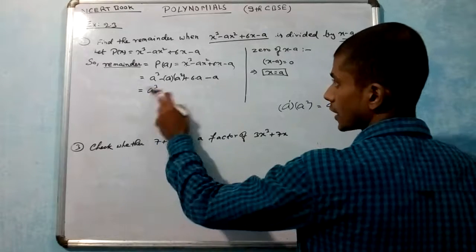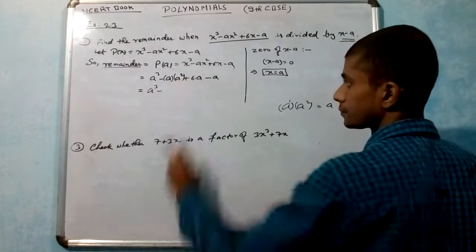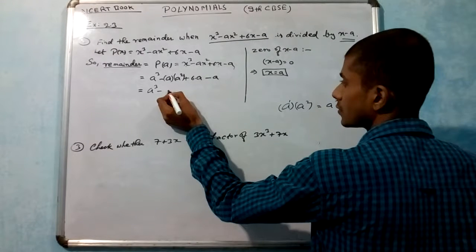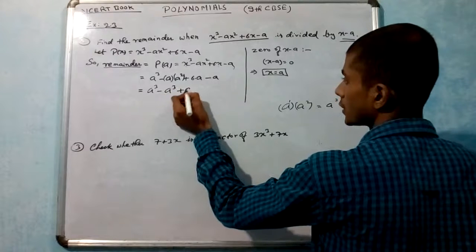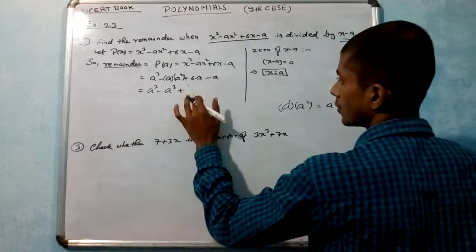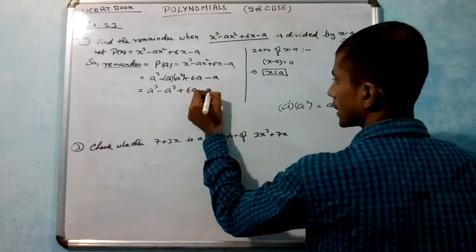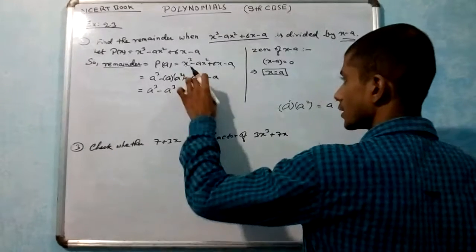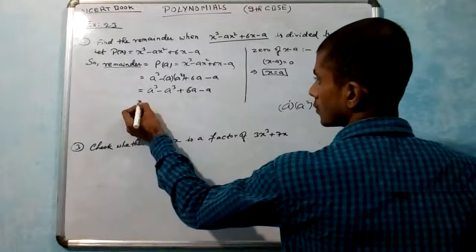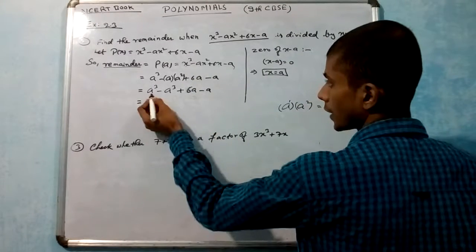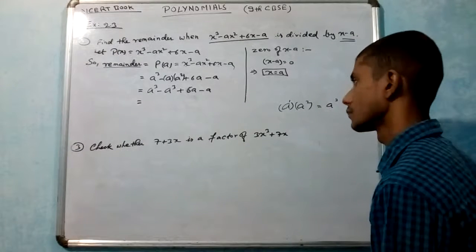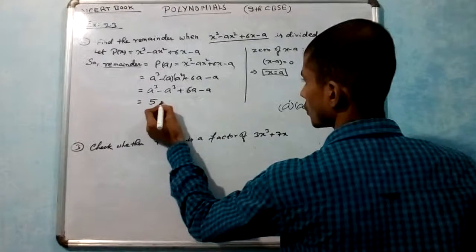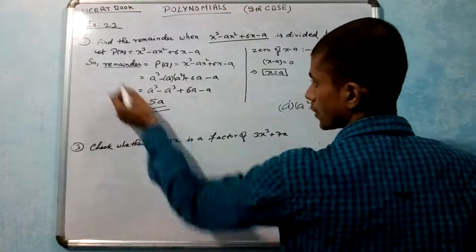Now a into a square, how much? a cube. Then plus 6a minus a. 6 into a is 6a. So 5a, and a cube minus a cube means 0. So we are getting here 5a. So the remainder is 5a.